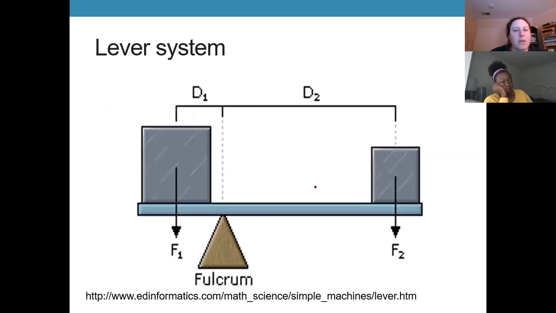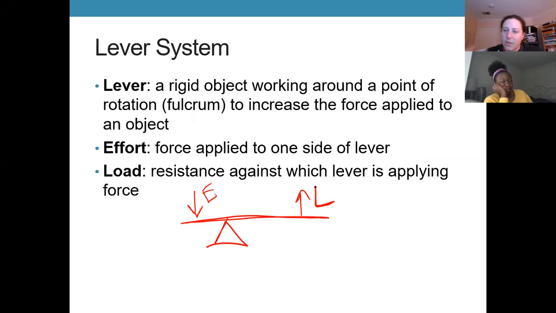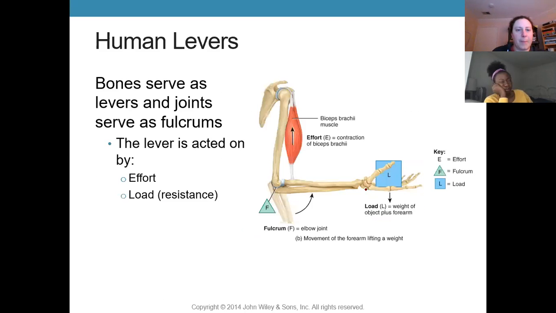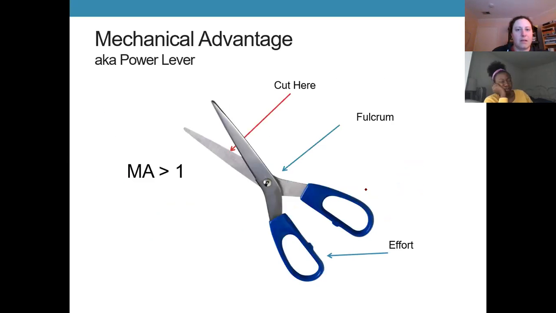And so it turns out that there's basically 3 ways to arrange the effort and the load on the lever around a fulcrum. You can have the effort on one side and the load on the other, okay? And we call those first class levers. So like these guys are a first class lever because the load is over here, the effort is over here.